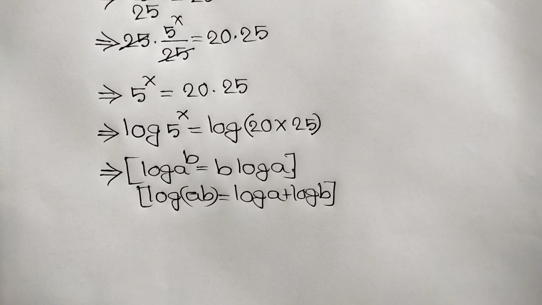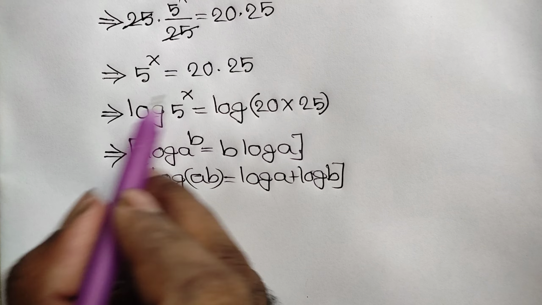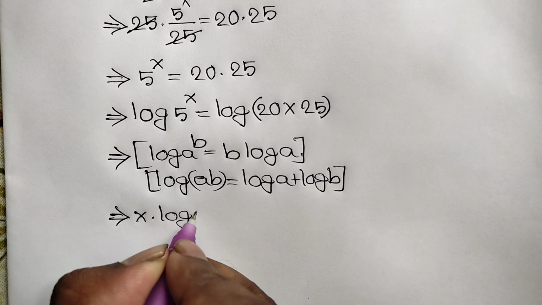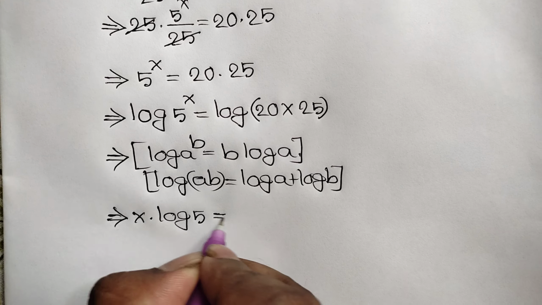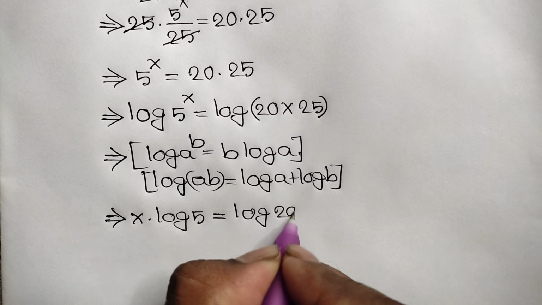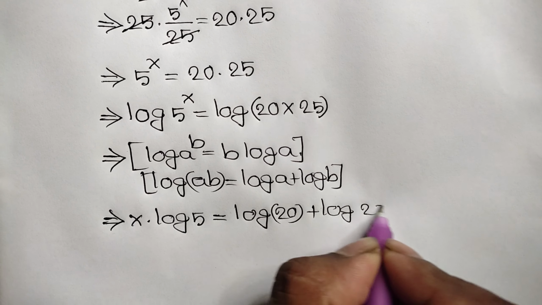Now we can apply these two rules. We will get x times log of 5 is equal to log of 20 plus log of 25.